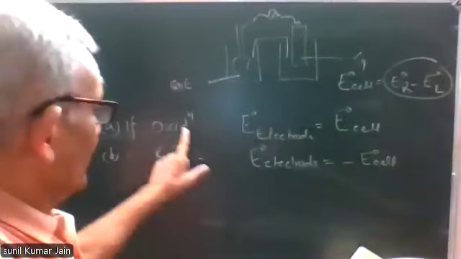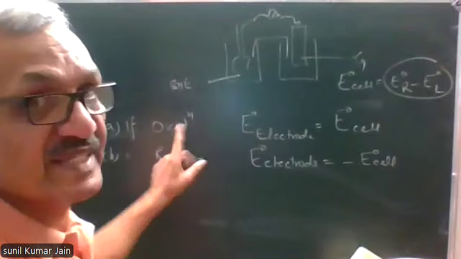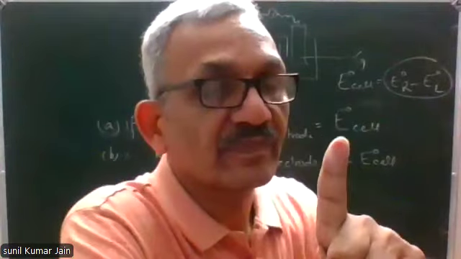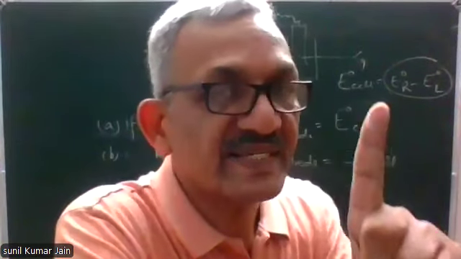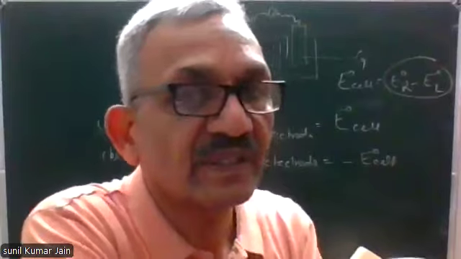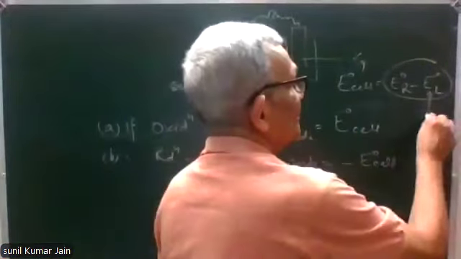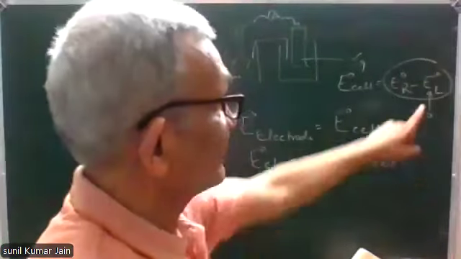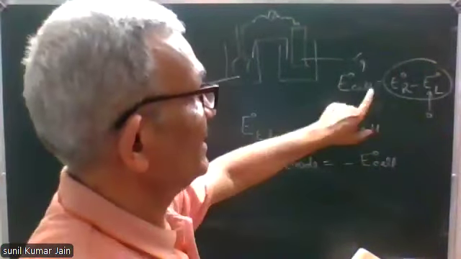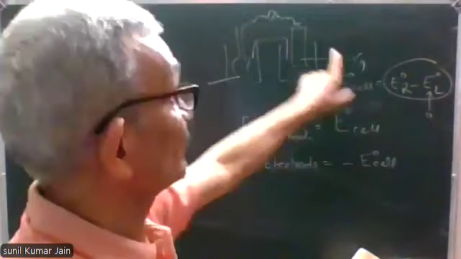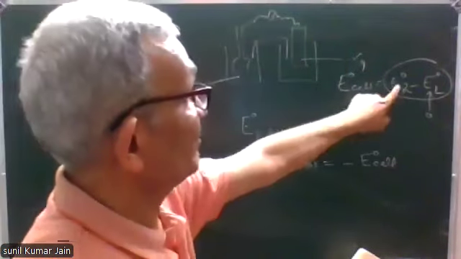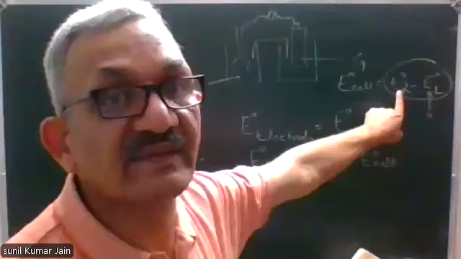Look here. If oxidation takes place at SHE, it means SHE will be left half cell. It means this value will be 0. And if this value will be 0, then E0 cell, which we directly read from here, will be equal to E0 of the given electrode.